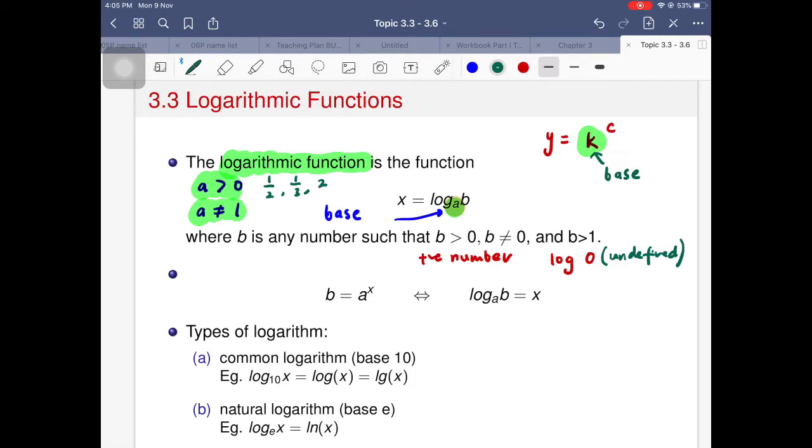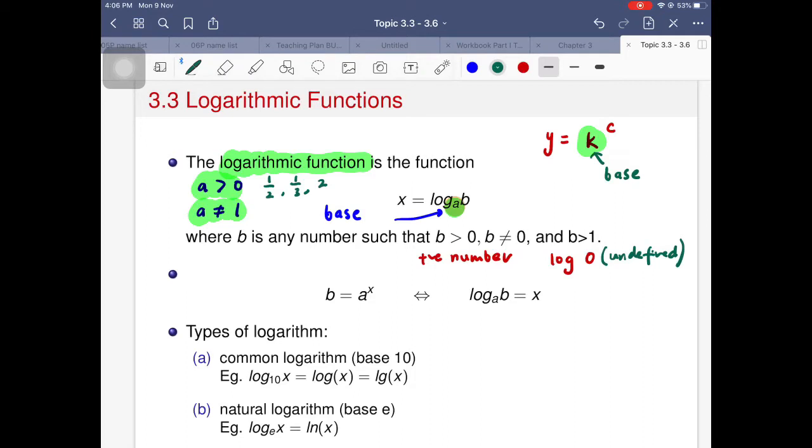So log of 0 never exists. You cannot find the log of a 0 number. Therefore, b cannot be a value of 0 and a cannot be a value of 1.